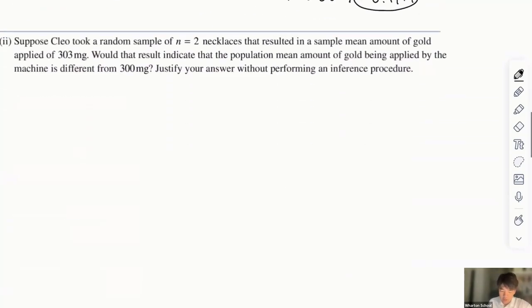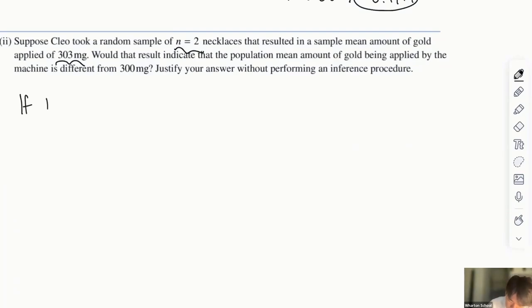All right. And it says suppose Cleo took a random sample of n equals 2, so he takes two necklaces that resulted in a sample mean amount of gold applied of 303 milligrams. Would that result indicate the population mean amount of gold being applied by the machine is different from 300 milligrams? I would say no, so assume the machine is working properly.